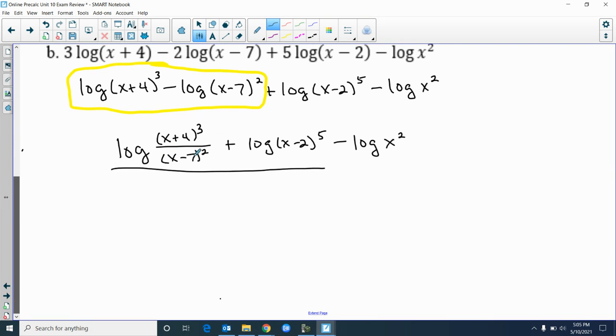Okay, since that's a plus, I condense it to 1 log, and I take these two and multiply by the x minus 2 to the 5th, which will end up equaling what I have here. The x plus 4 squared, or no, that should be a cubed. And then the x minus 2 to the 5th power will be in the numerator. X minus 7 squared will be in the denominator. 1 log minus log of x squared.